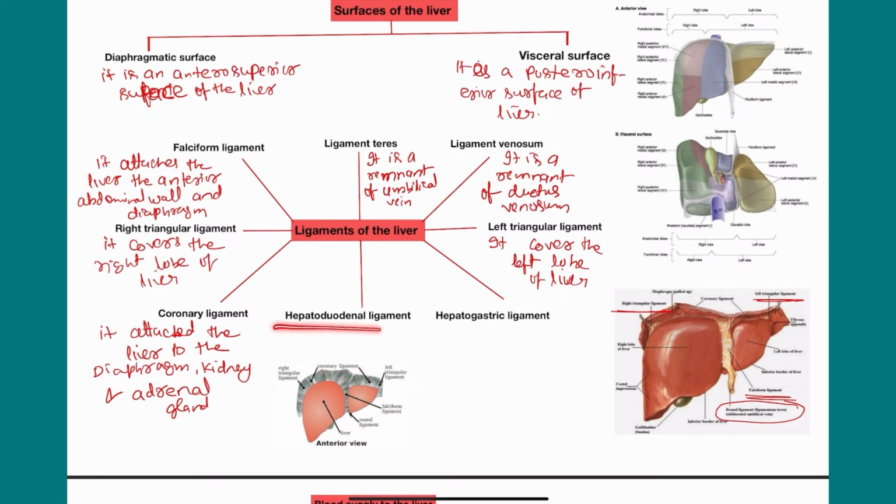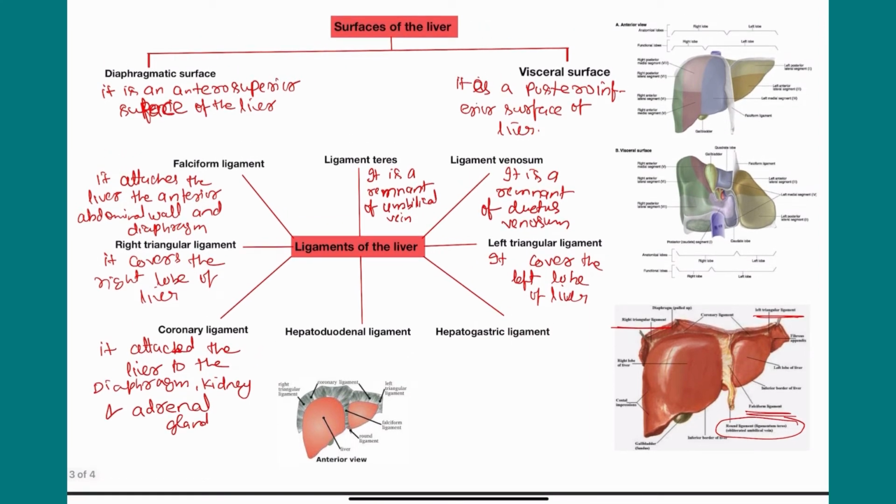Two ligaments are connected with the gastric system of our body: the hepatoduodenal ligament, which connects with the duodenum, and the hepatogastric ligament, which connects with the stomach.